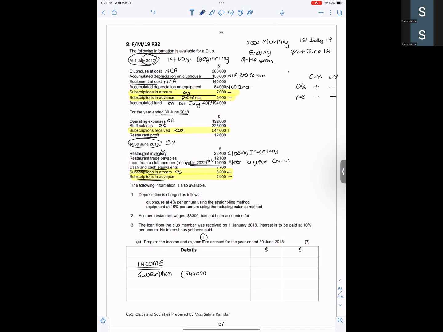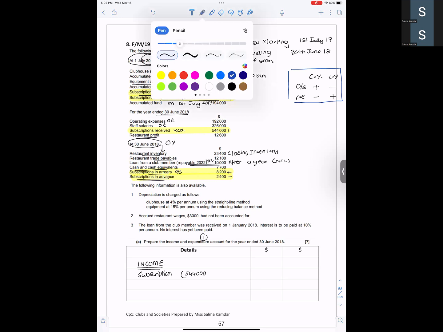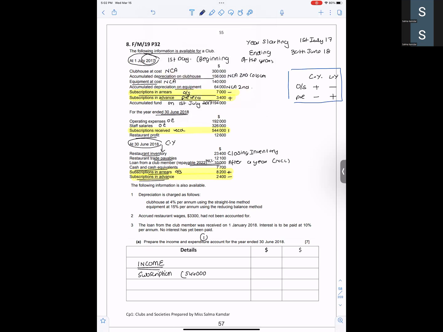And we have known the effects of it. So just keep on doing. Minus 7,000 plus 3,400 plus 8,200 minus 2,400. Let's see how much are we getting.